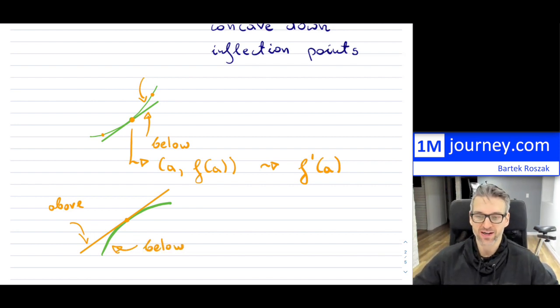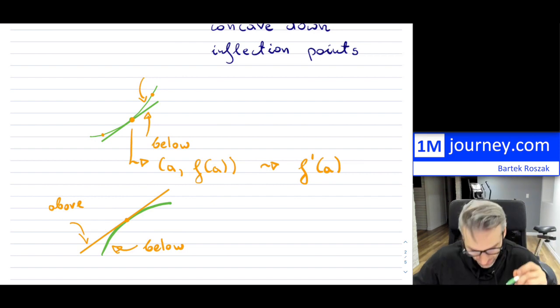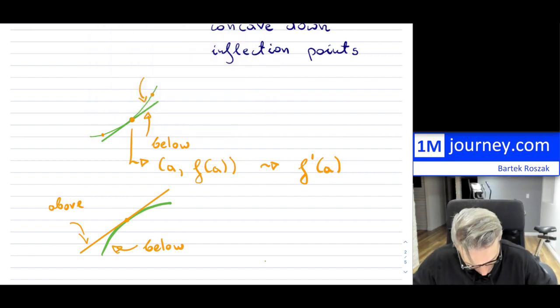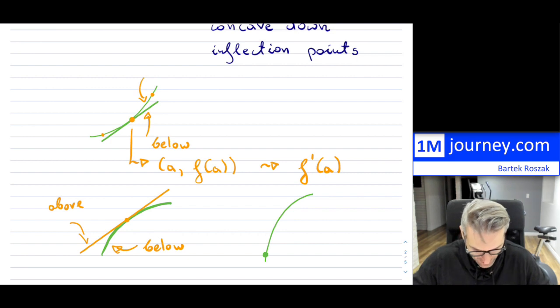So that's what happens. And again, in this sense, if you have a function that is kind of steep like this, and then you're finding a point all the way over here.